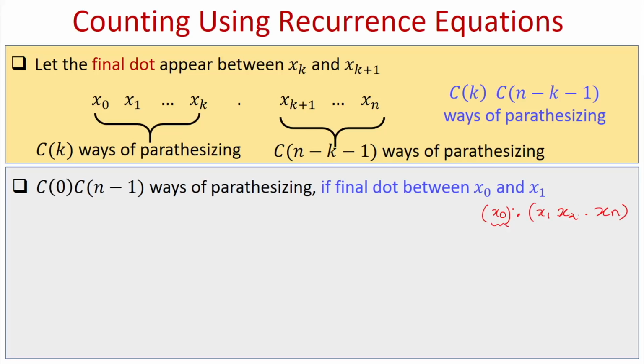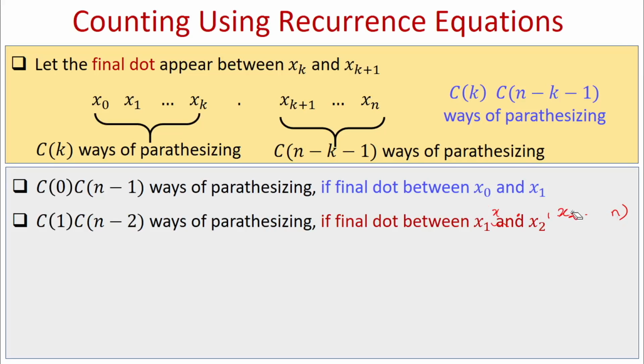So whatever way I can parenthesize x0 and whatever way I can parenthesize the remaining n values and then put the final dot, that gives me one category of parenthesizing where the final dot is between x0 and x1. Similarly, I can have another category of parenthesizing where the final dot is between x1 and x2. That means I parenthesize the subsequence x0, x1, and I parenthesize the remaining portion, namely x2, x3 up to xn.